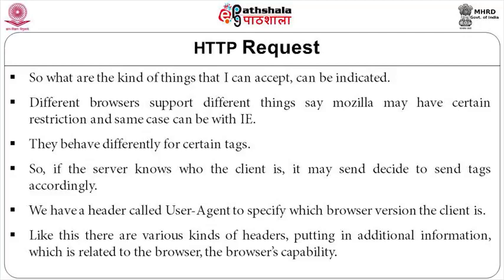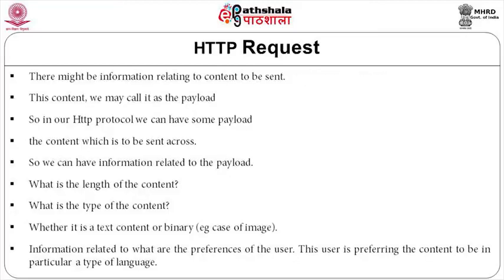So we do have another header like agent. User agent is a header which can be used for specifying which browser version it is. And like this, various kinds of headers putting in additional information which is related to the browser, which the browser wants to send. Or there might be information related to the fact that I'm sending a content.